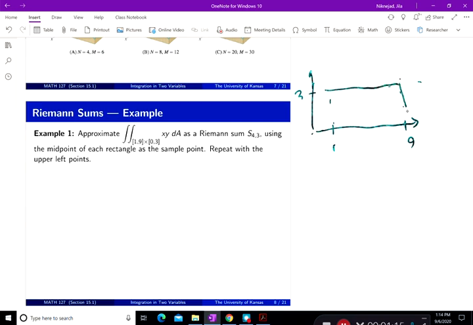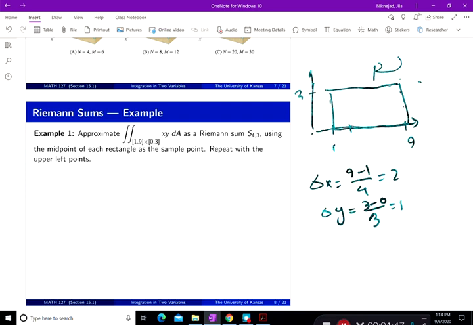So you have this rectangle, it's the region R. And now it's asking you to divide the x-axis into 4 pieces and the y-axis into 3 pieces. So delta x is going to be 9 minus 1 divided by 4, which is 2. Delta y is going to be 3 minus 0 divided by 3, which is 1.